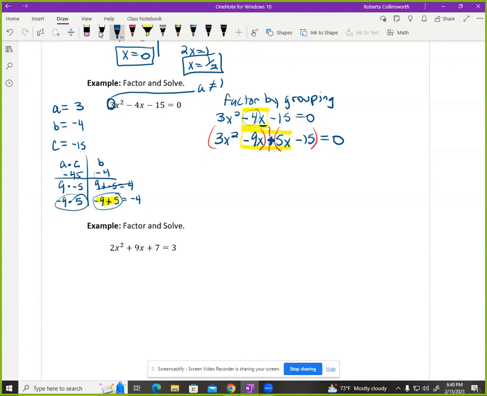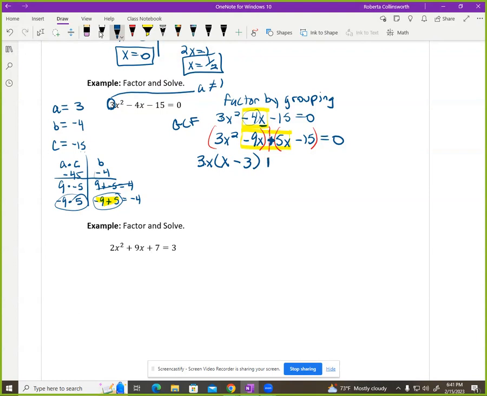Now I'm going to look at this first group, and I'm going to find the greatest common factor of the first group. What is the greatest common factor here? 3x. 3x times x equals 3x squared. 3x times negative 3 is negative 9x.